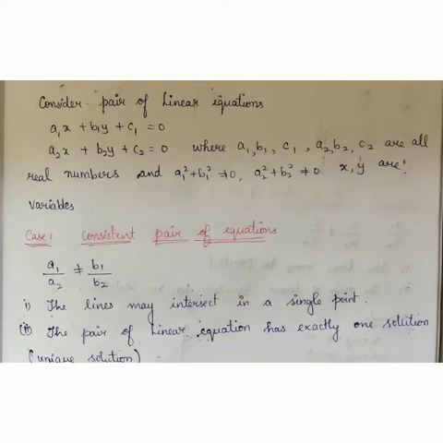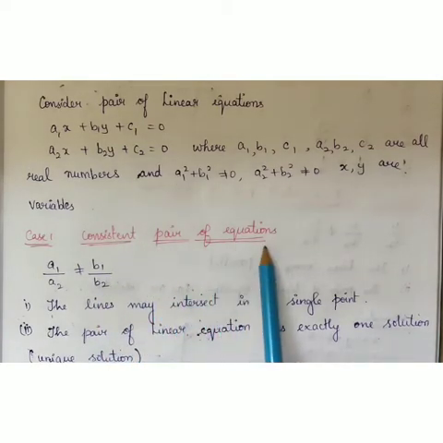If two lines coincide one over the other, we will get many solutions, and if two lines do not coincide, then we get parallel lines, that is no solution. The same three conditions we are going to discuss here. At what case the two lines will intersect at one point, that we are going to discuss.